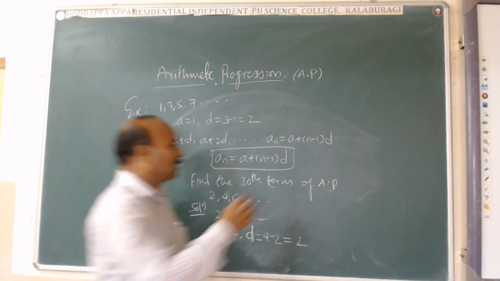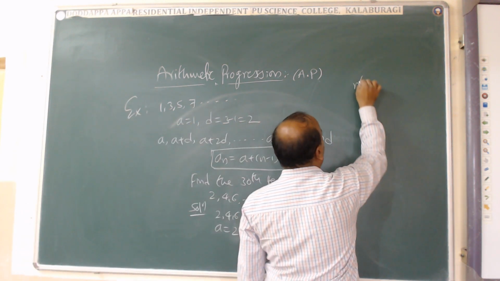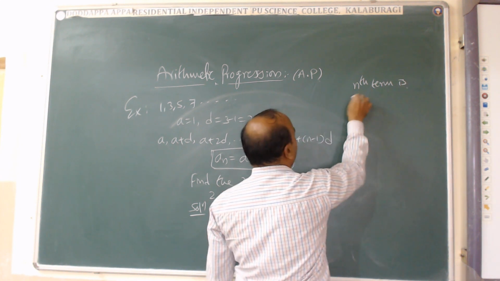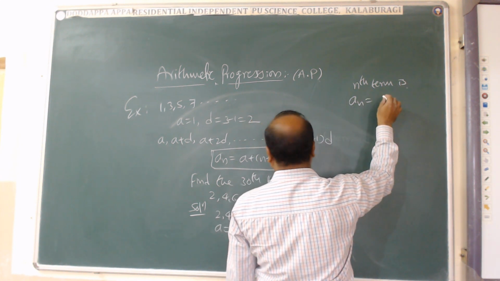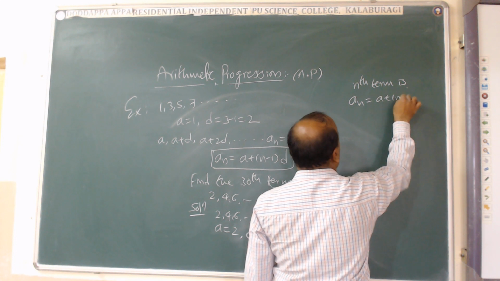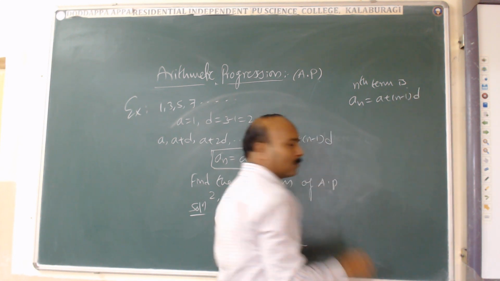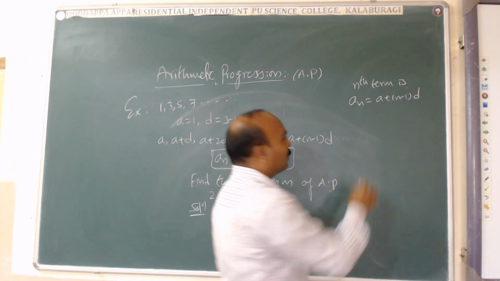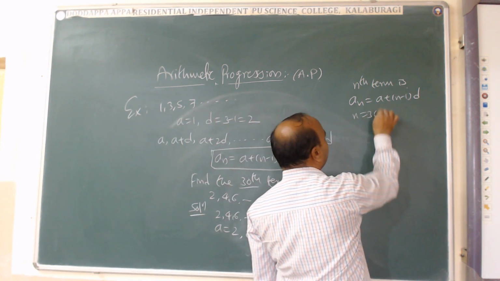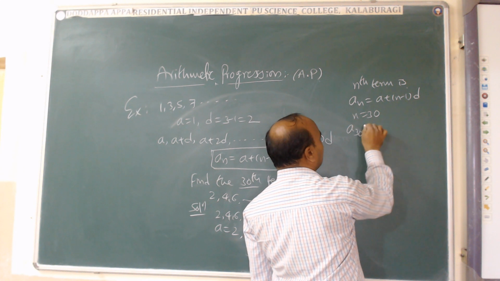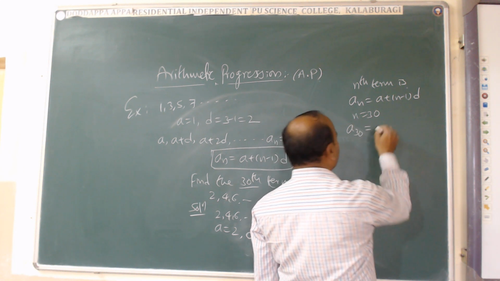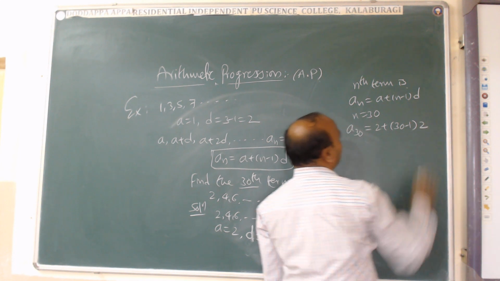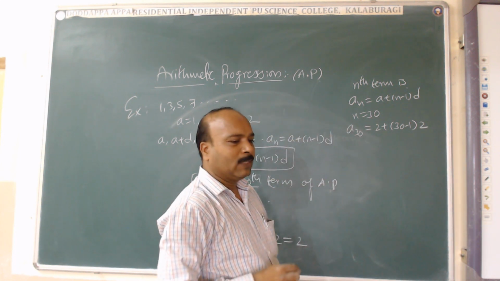Next we go for the nth term. The nth term is given by an equals a plus (n minus 1) d. Here you asked for the 30th term, so n equals 30. Then you calculate a30 equals a, whose value is 2, plus (30 minus 1) into 2, because here the d value is 2.